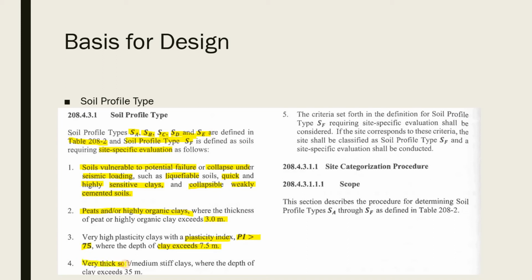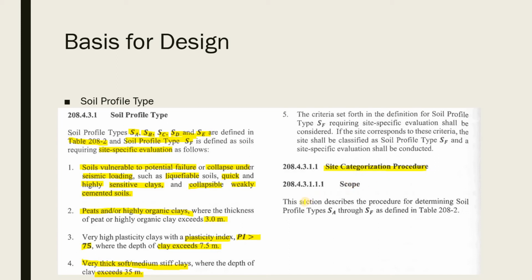Next, very thick, soft, medium, stiff clays where the depth of clay is exceeding 35 meters. Okay, the criteria set forth in the definition for soil profile type SF requiring site-specific evaluation shall be considered.